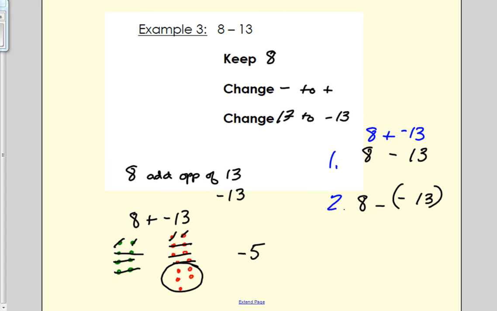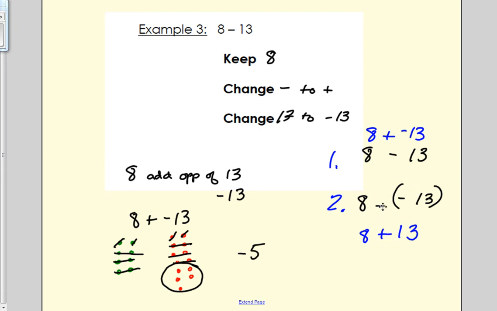This second example is 8 and the opposite of negative 13. Now the opposite of negative 13 is positive 13. So we have 8 and positive 13. I don't have to write 2 plus symbols, I can just write 1. Okay, so this one was 8 and the opposite of 13. This one is 8 and the opposite of negative 13. So that's our difference here between these two examples.